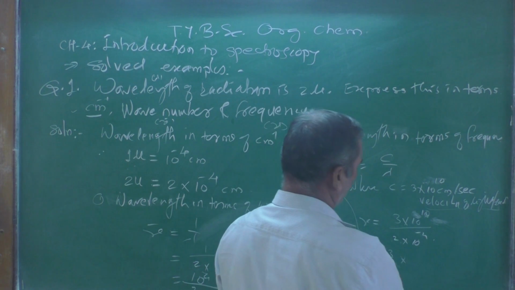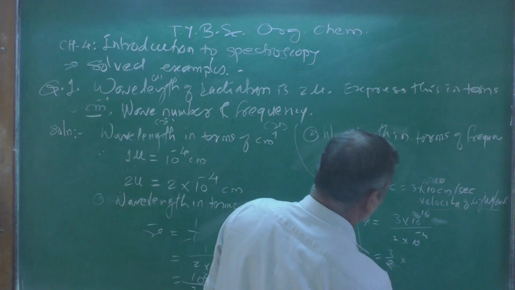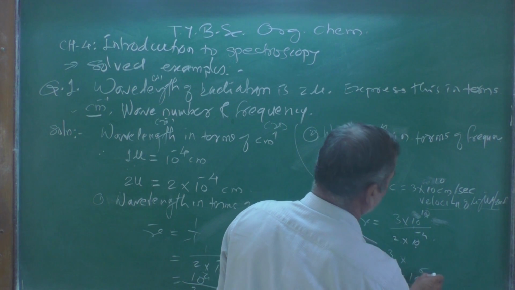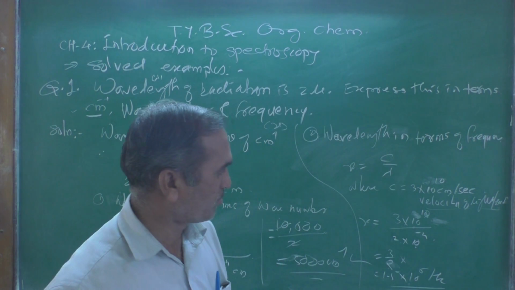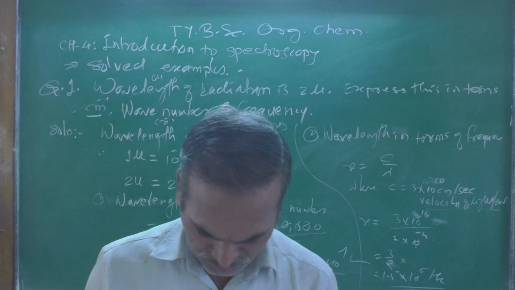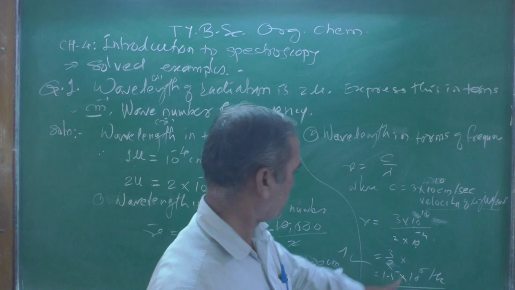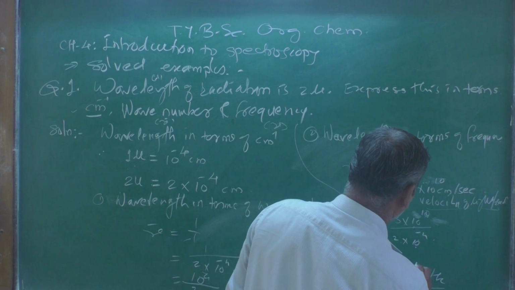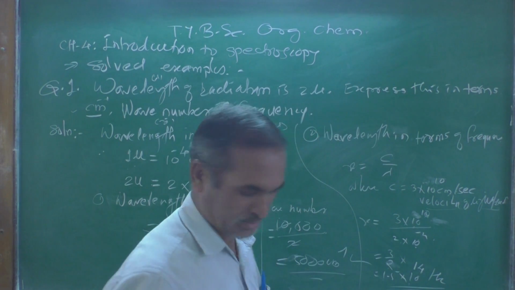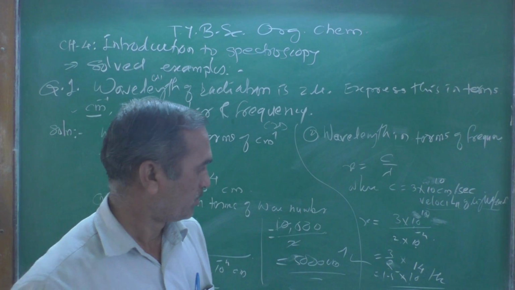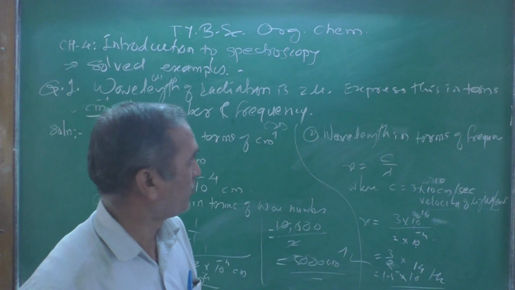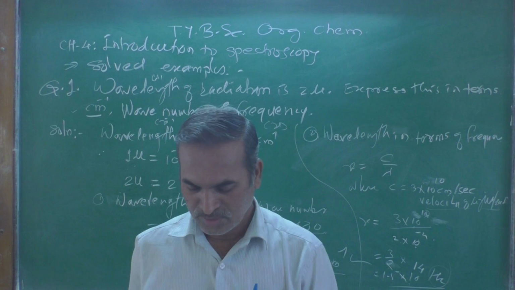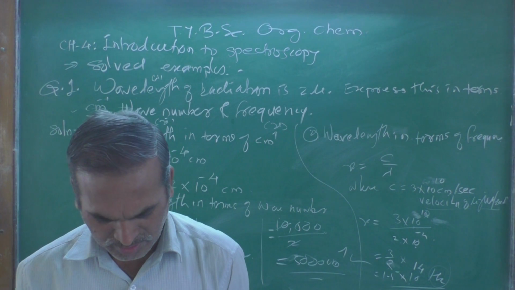When it comes above, 3 by 2 is 1.5, and the powers add up, so it is 10 raised to 14, not 6. So the frequency is 1.5 into 10 raised to 14 hertz. Hertz is the unit of frequency. In this way you can calculate this one.